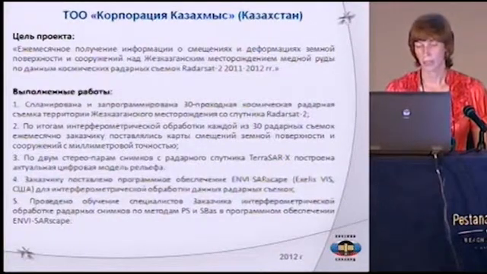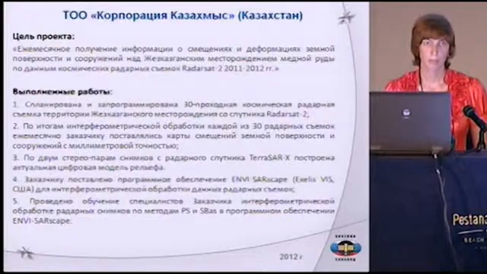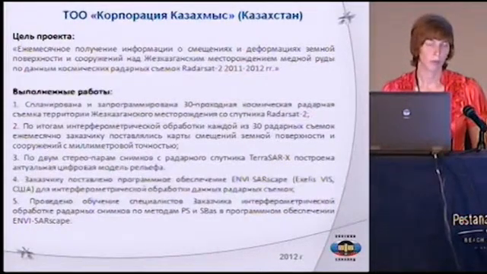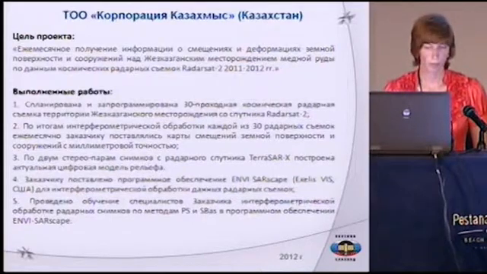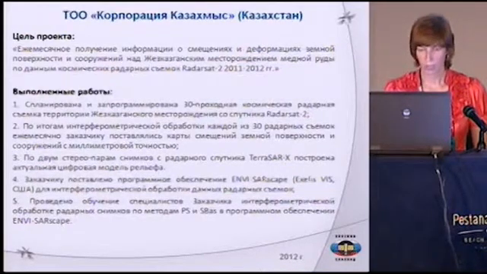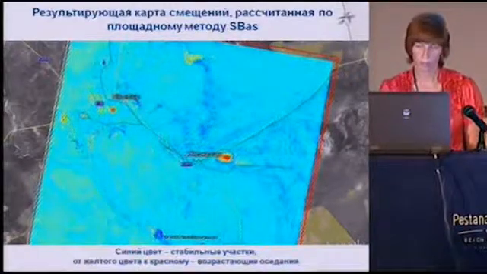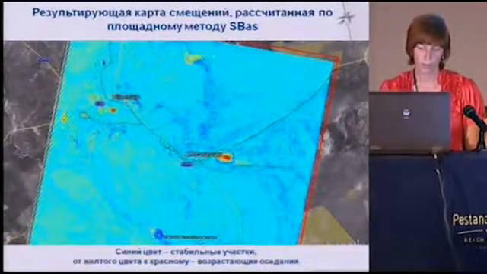Using stereo pairs of images, we generated the relevant digital terrain model. And also we provided the customer with ENVI and ArcGIS, and we also delivered training to work with the software.